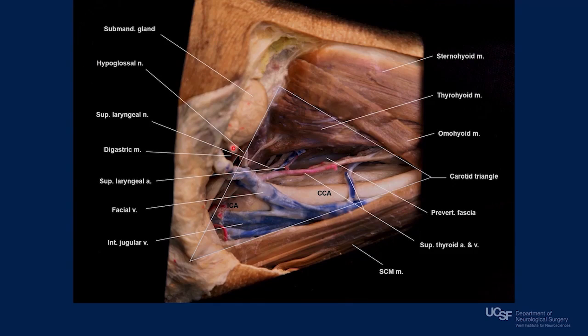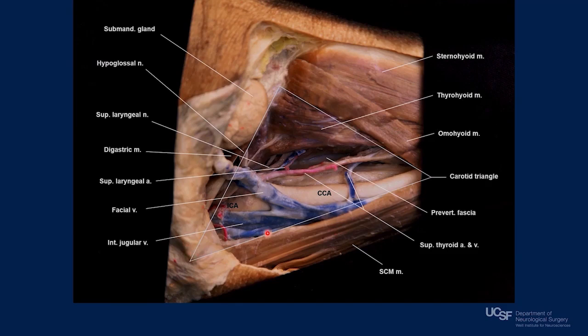Medial and posterior to that, we see the hypoglossal nerve, which is going to give up a branch for the thyrohyoid and geniohyoid muscles. And in a deeper field, we can identify the superior laryngeal nerve, which is a branch of the vagus nerve.